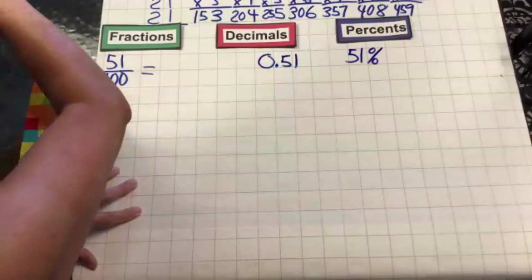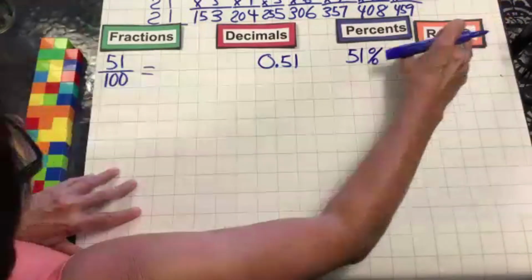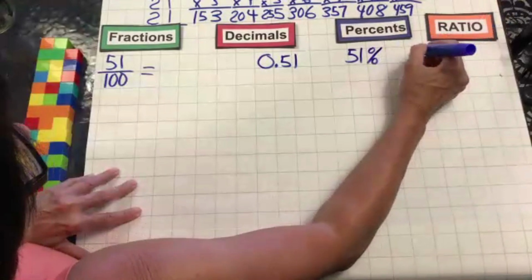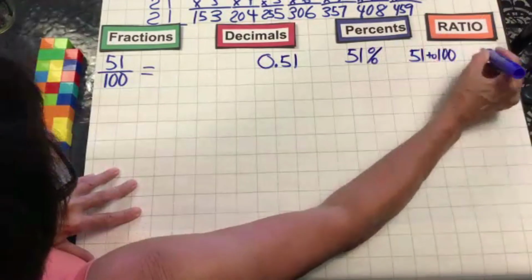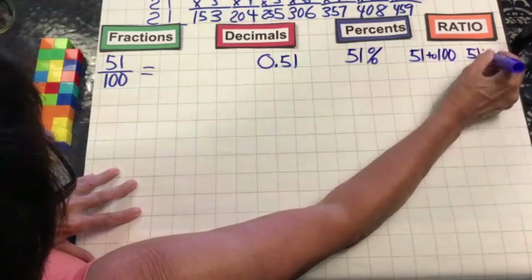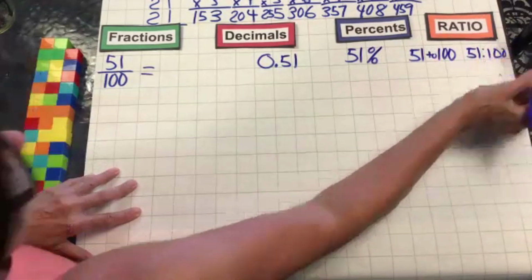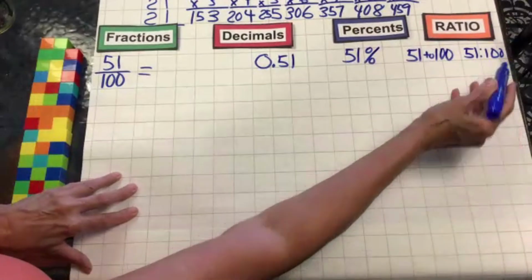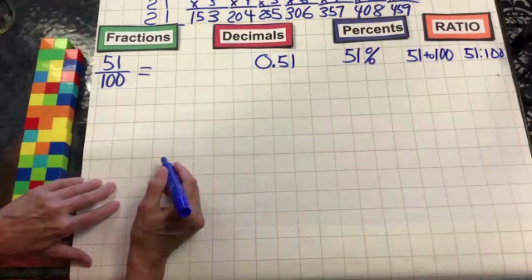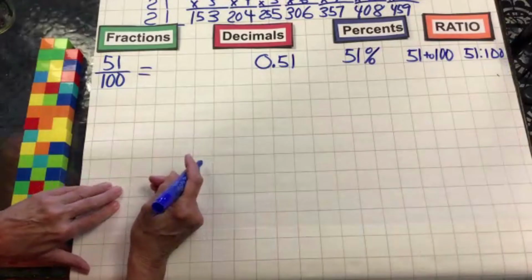And we can fit ratio up here. So we're going to fit the ratio. So it would look like this: 51 to 100 or 51:100. So hopefully you can see that clear. It's a little bad on that little 0 there, but I'm sure you can see through that.